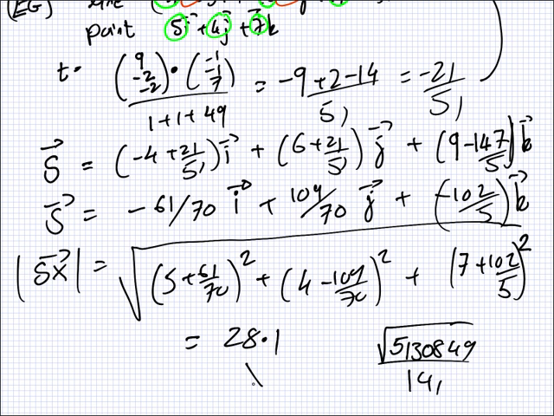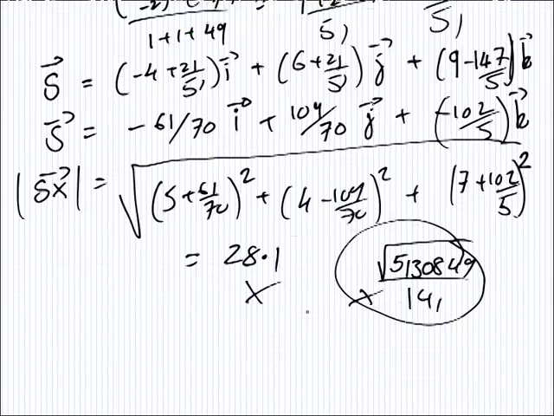So it means either this is wrong or my answer's wrong. I think this answer is very strange. Anyways, let's do another example, and I'll check this answer in a moment.